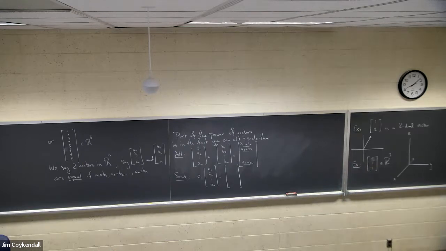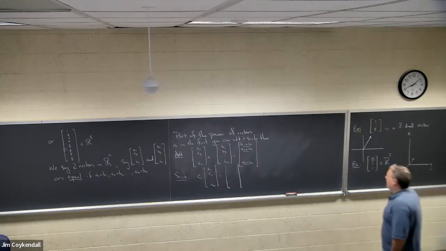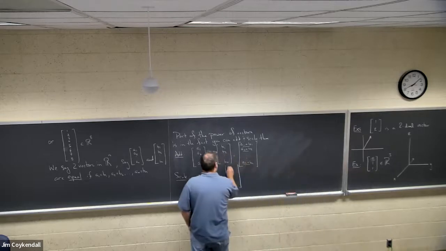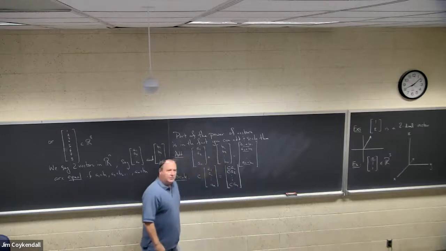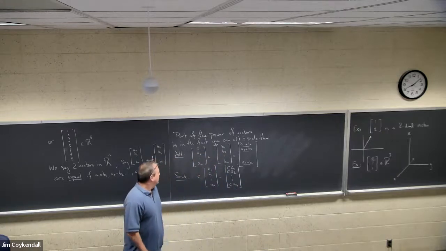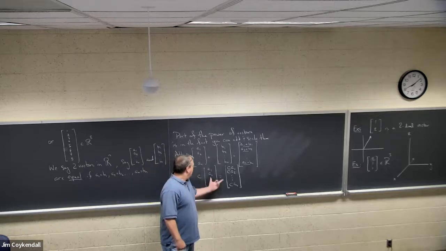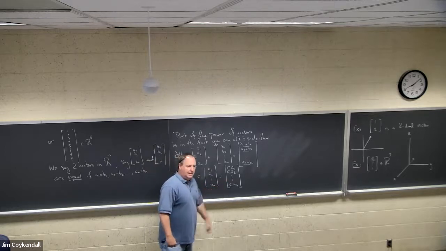What's the easiest thing to do? Just multiply everything by C. There you go. Rock and roll. And this is called scaling. So we have a sort of a magic way to add two vectors and a magic way to multiply by a constant.